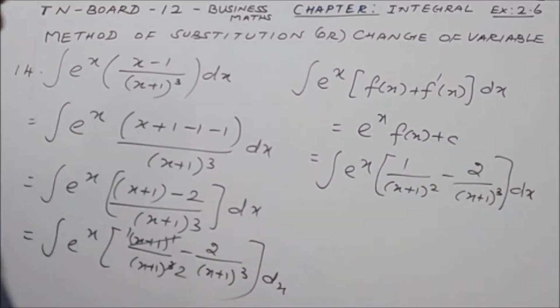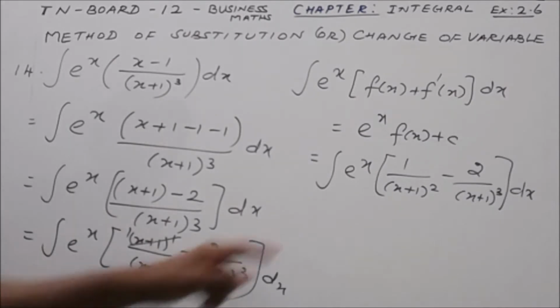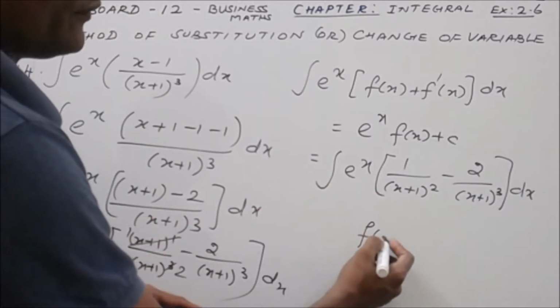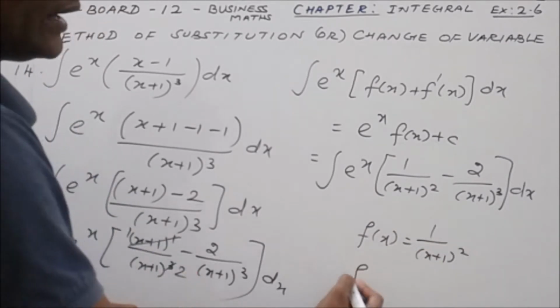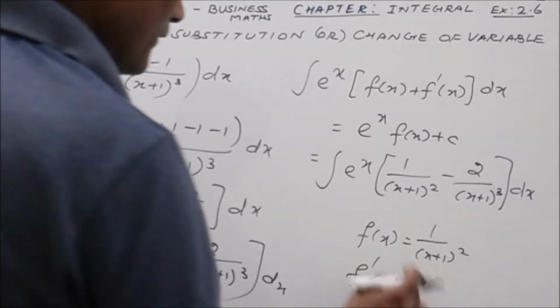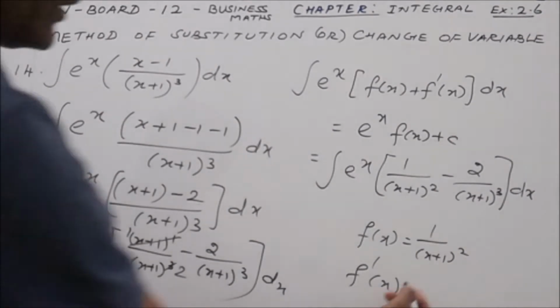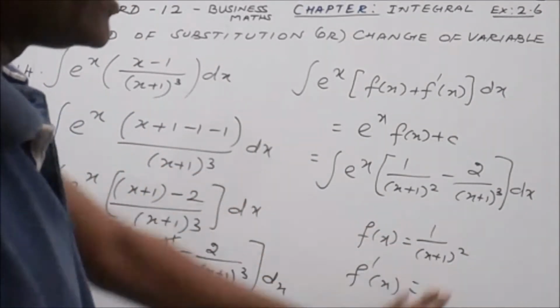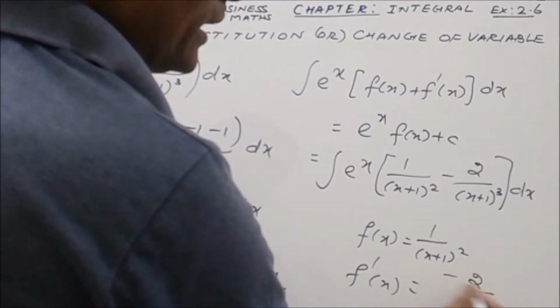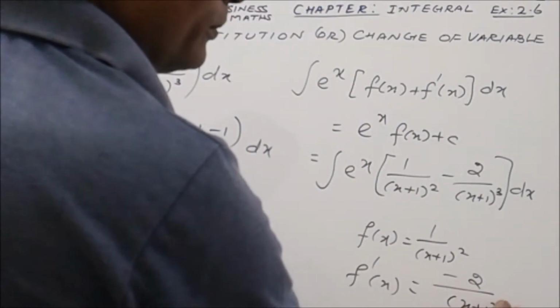Now look at the functions within the bracket. If we take f of x is equal to 1 by x plus 1 whole square, then f dash of x, its derivative, is equal to minus 2 by x plus 1 whole cube.